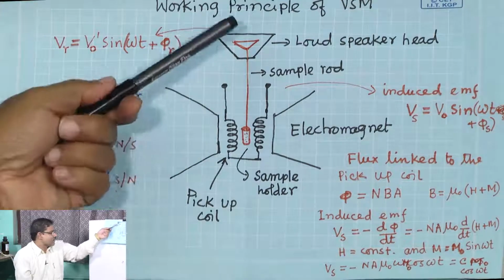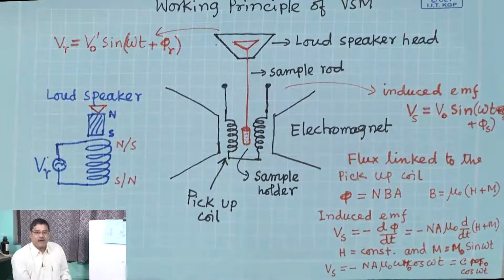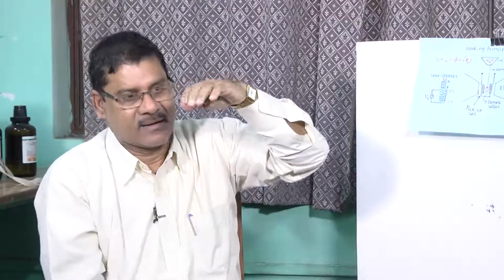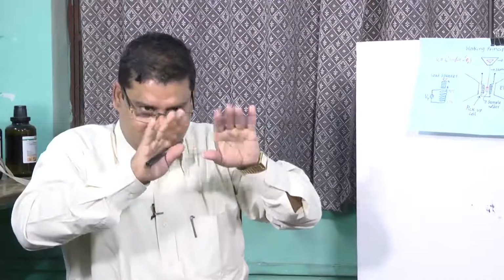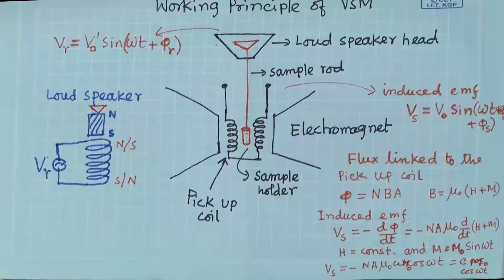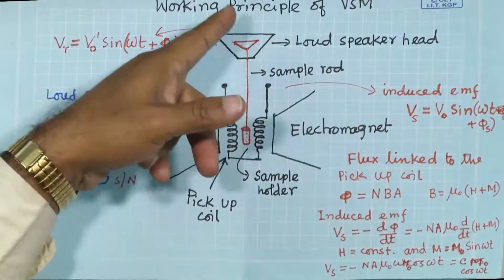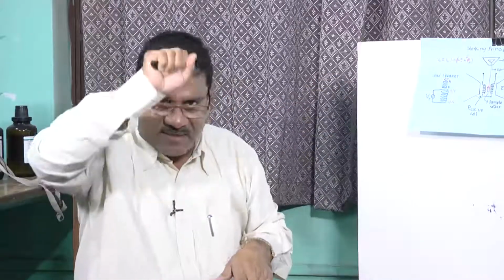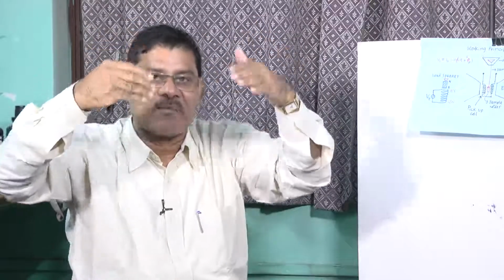So that is why we have put this on a loudspeaker head. What a loudspeaker does is basically vibrate. You have seen a drum; when we beat the drum, sound is made because of the vibration of the drum. Here it is the same thing: inside, some arrangement is there, so it is vibrating, and the screen also vibrates, so it makes a louder sound.